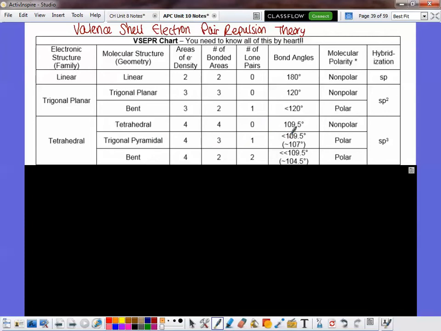Its bond angle is less than 109.5 degrees, actually right around 107 degrees, and this is polar. Then bent is with two lone pairs and two bond pairs. It's like water. Its bond angle is less than 109.5 degrees, right around 104.5, and that's polar as well. All of these have sp3 hybridization.